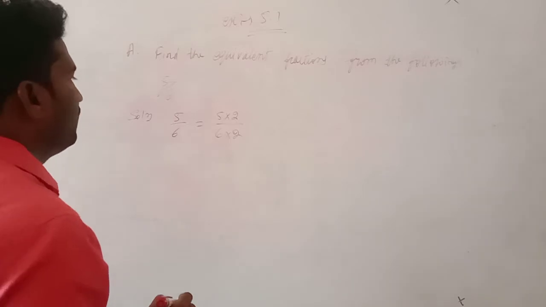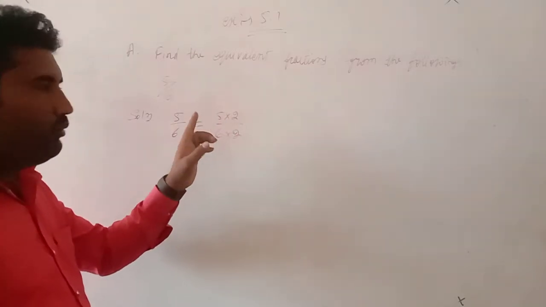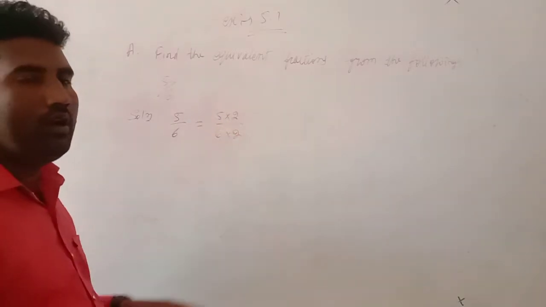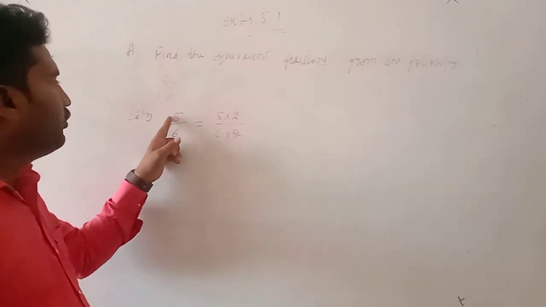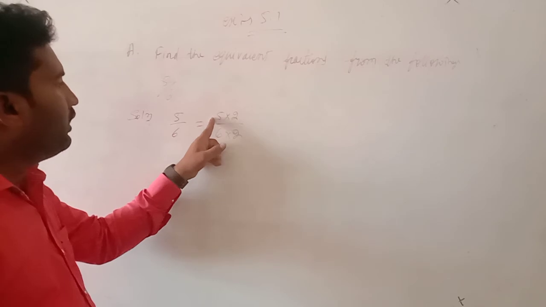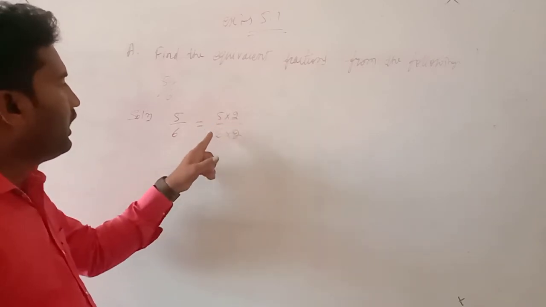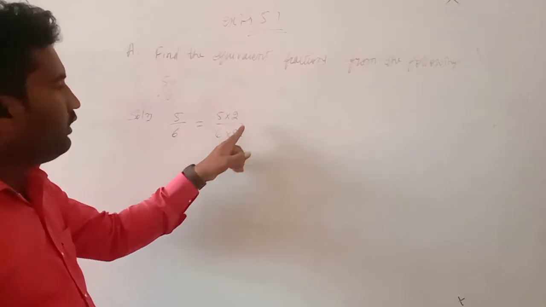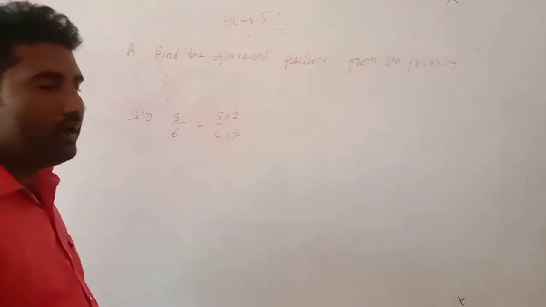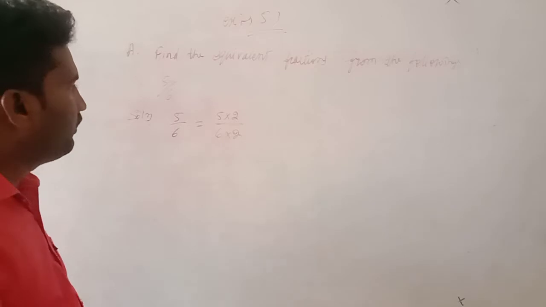When we multiply the numerator and denominator by the same number, we can get the equivalent fraction.